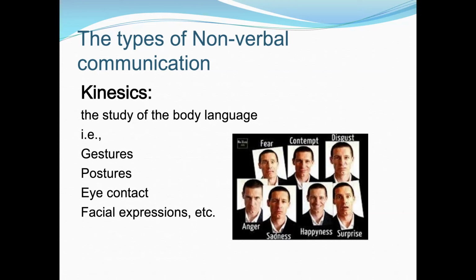And in order to understand somebody's kinesics in a correct way, you have to understand the underlying context. Because kinesics sometimes really varies from culture to culture, and some gestures are really universal, right?